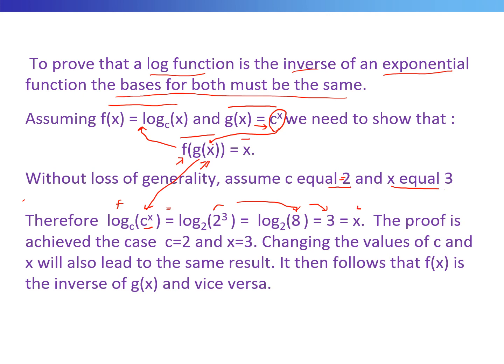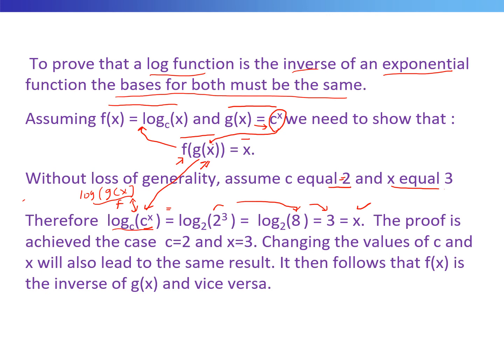So we started from the left. We did log of c to the power x. But c to the power x is g of x. So as if we started from log of g of x, and then we ended up with x over here. So we started from log of g of x and we ended up with x.